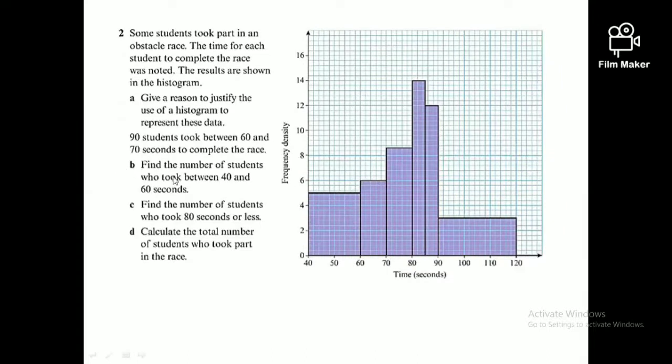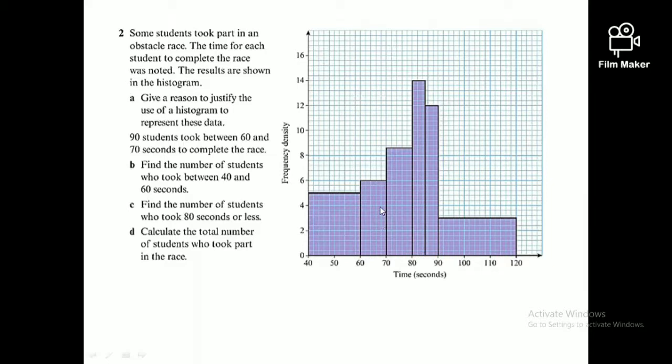The next question is to find the number of students who took 80 seconds or less. Look at this, 80 seconds or less. That means we have to count the entire area over here, this one and this one. We already found the value in this category, 150.